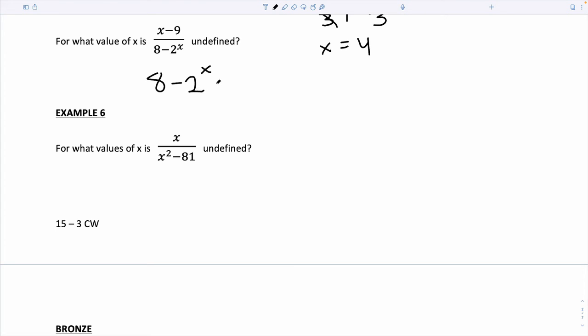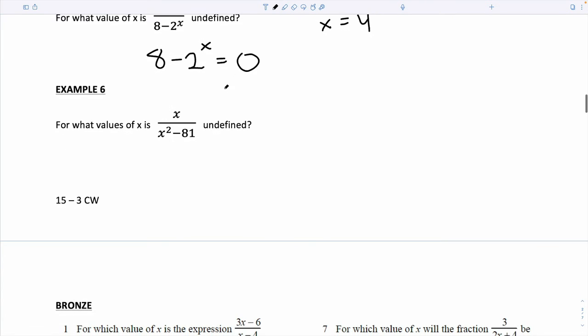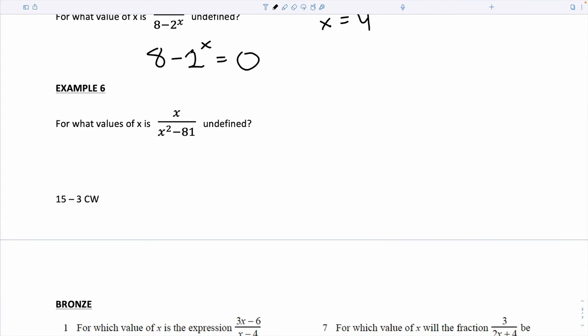So let's set it up. 8 minus 2 to the x equals 0. I would solve this one thinking about it more logically, not solving for 0, because there's a 2 to the x power.